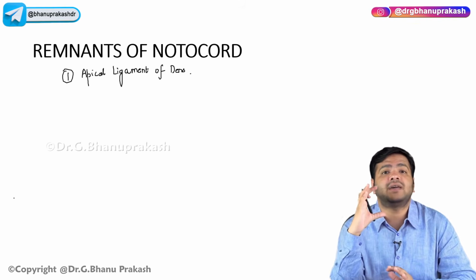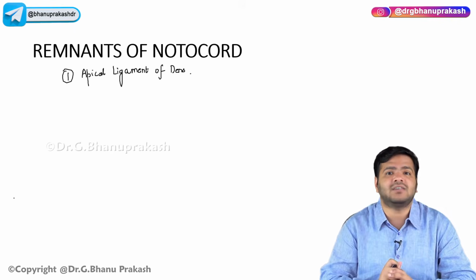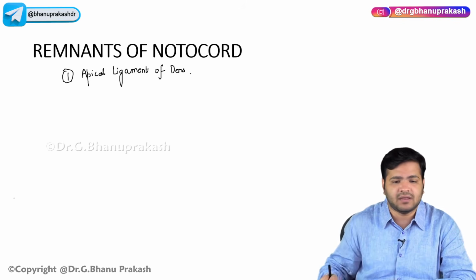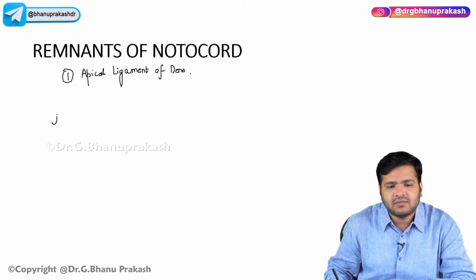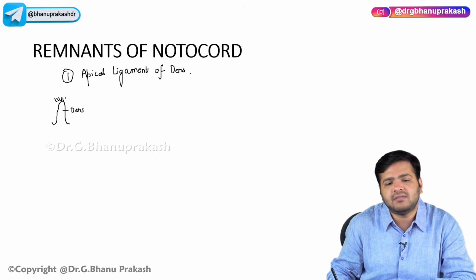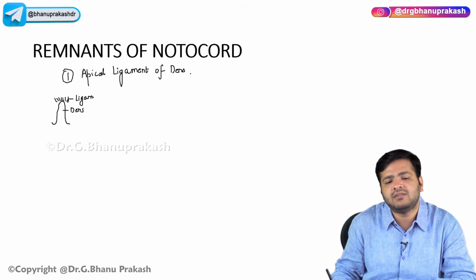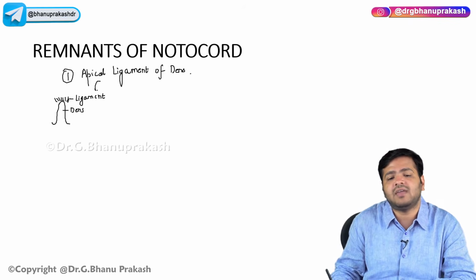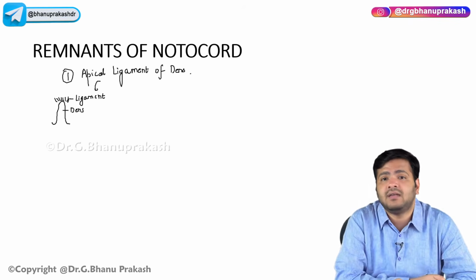The second cervical vertebra has a process called the dens, and we have a ligament which is attached to it. It is called the apical ligament. To the apical part of the dens, there is a ligament attached, and this ligament is called the apical ligament of the dens.